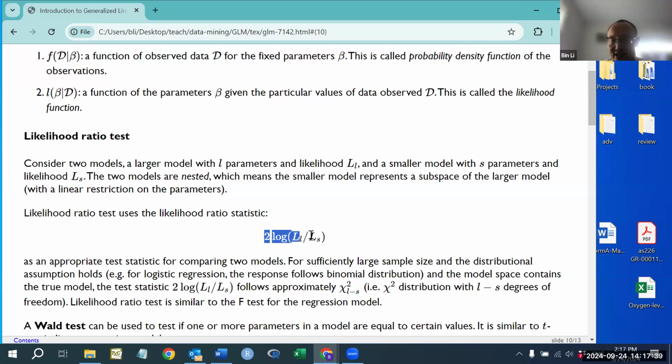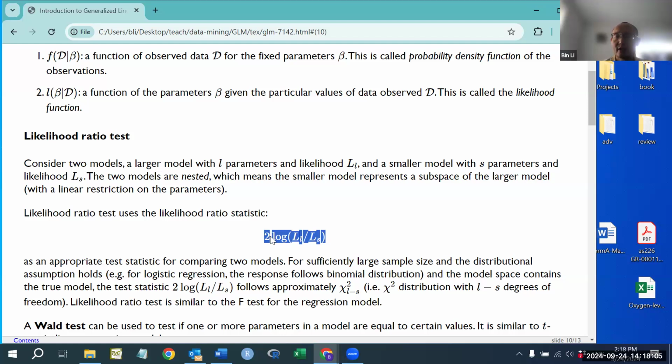And why do we need to do that, 2 times the log? Because in this way, we can show that this statistic actually follows a chi-square distribution under some assumptions. What are the assumptions? The sample size should not be too small, it should be sufficiently large, and the distributional assumption holds.